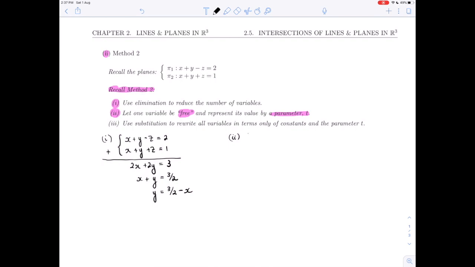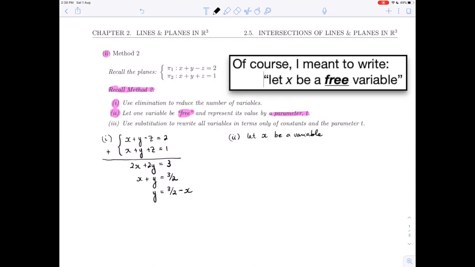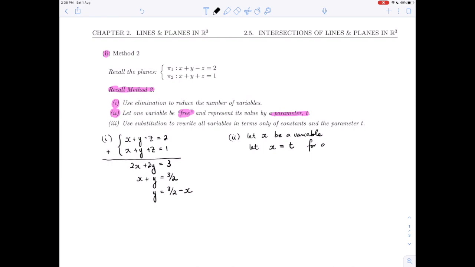The way that I've set things up here, it makes sense to let x be a free variable, and that means that I want to let x be represented by a parameter t for any t in R. And that means that since we've solved for y in terms of x, y is 3/2 minus t.